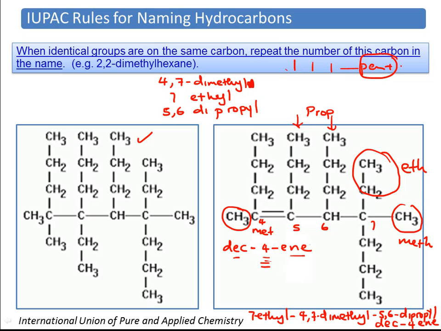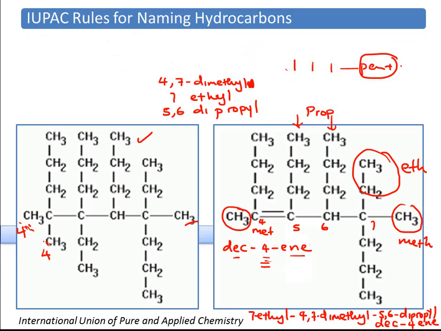When identical groups are on the same carbon, repeat the number of this carbon in the name. For example, 2,2. In the earlier one we had 4,4 here. That's what this rule is saying. We've got methyl groups sitting on the same carbon, so we repeat the number of the carbon. So that's why we ended up with this one as 4,4. And then we numbered this one as 7-trimethyl. So we have to repeat the numbers when they are sitting on the same carbon.